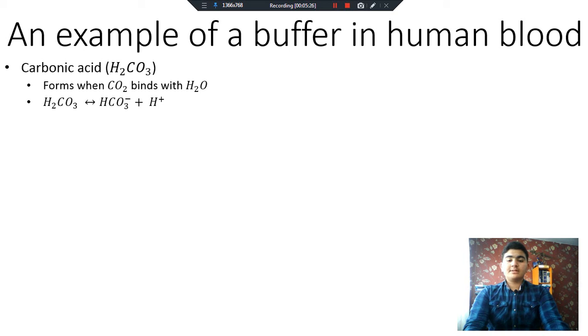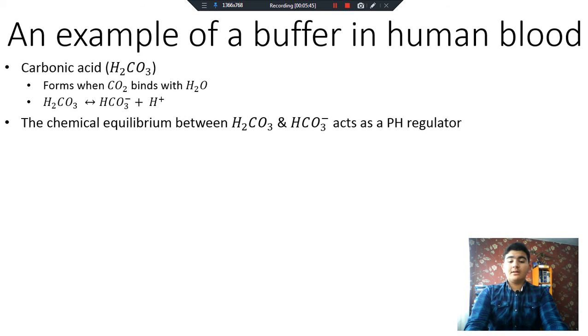Okay, and so carbonic acid dissociates to form a bicarbonate ion and a hydrogen ion, as you can see in the reaction written above. Okay, and the chemical equilibrium between carbonic acid and bicarbonate acts as a pH regulator.